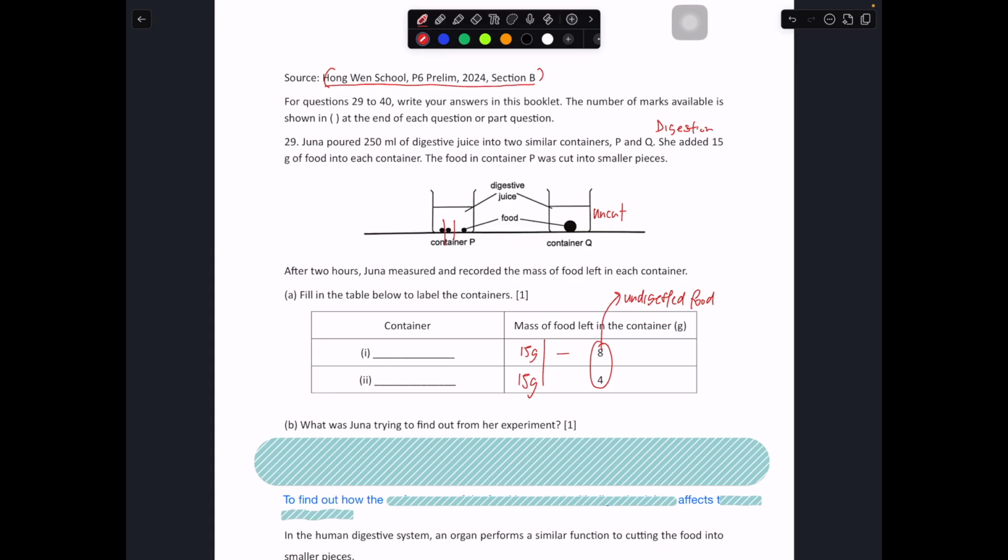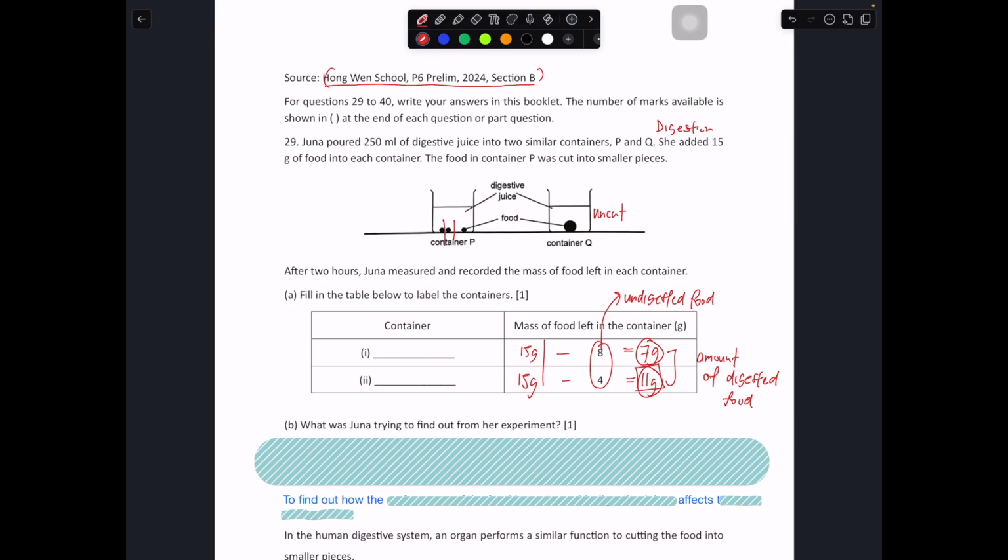So how do we calculate the amount of food that has been digested? 15 minus 8 is 7. This is the digested food, 7 gram. 15 minus 4 is 11 gram. So this is the amount of digested food. In this case, you can see that 11 is more digested food as compared to 7.